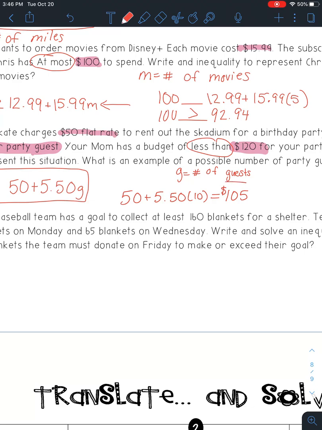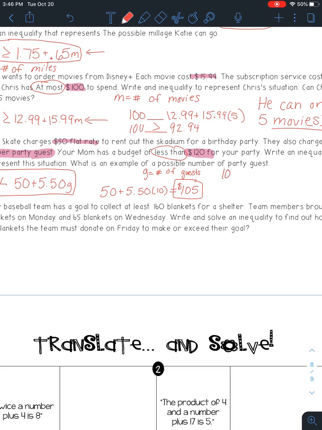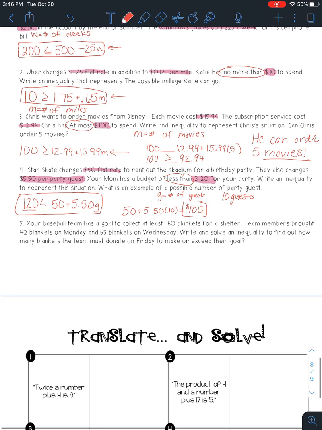That $105 is less than her $120 budget, so a possible number is 10 guests. Now you could have done something very low like 2, 3, 1. All of those are possible. All right, let's try our last one.